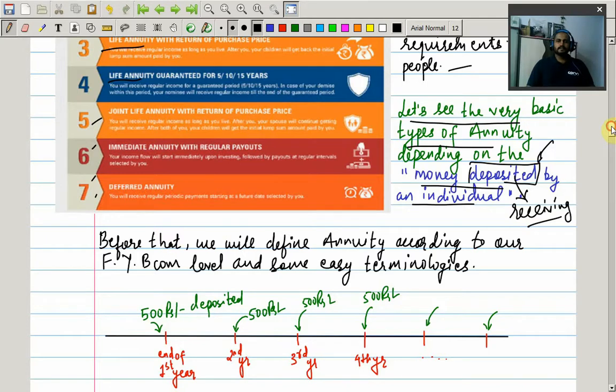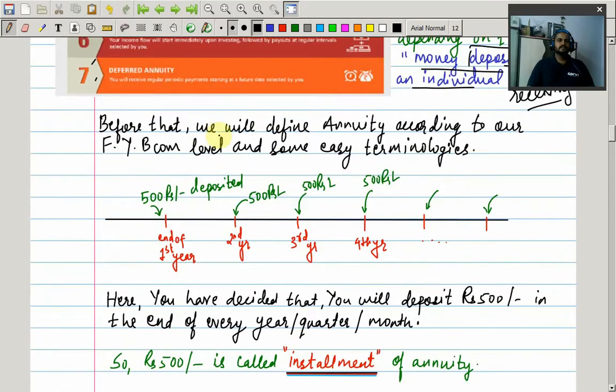Before that, we will define annuity according to our FIBCom level with some easy terminologies. So here I have a timeline of indefinite years. This complete span is 1 year, and this is the end of the first year.